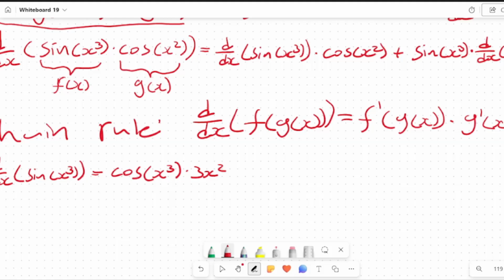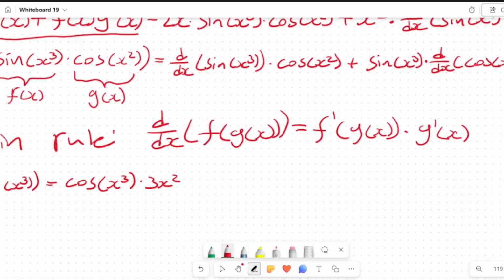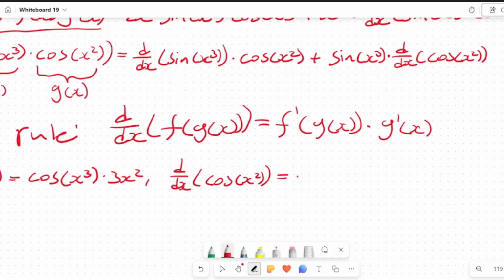So that's going to be the derivative of sine of x cubed, and lastly, we just want the derivative of our cosine of x squared. So we apply the same concept here. It's going to be negative sine of x squared, because the derivative of cosine of x is negative sine.